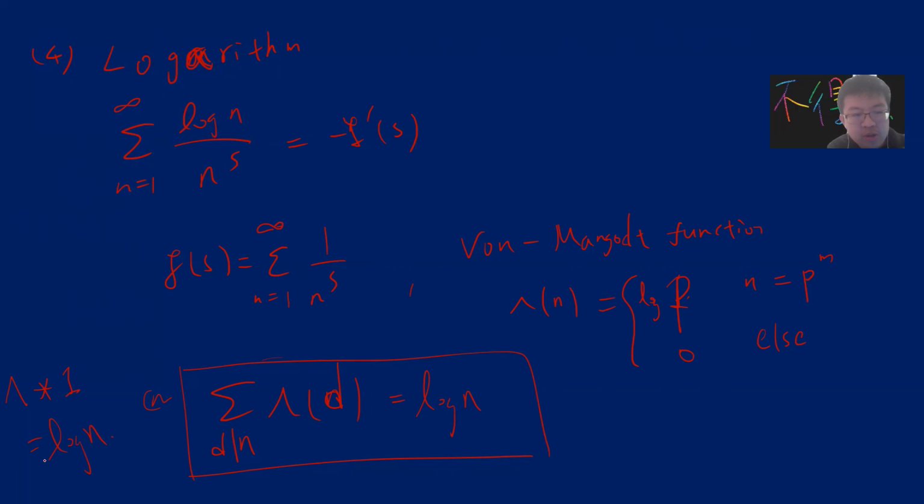Then the Dirichlet series of this lambda and the Dirichlet series of this 1 will give you this. The Dirichlet series of 1 is zeta s.